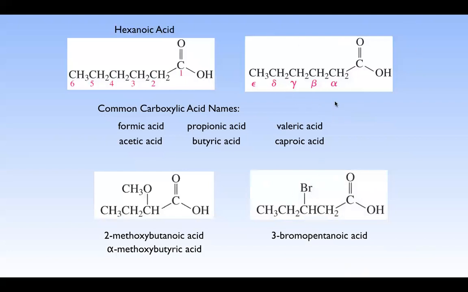You look at where that bromine is, it's on the beta carbon. You go alpha, beta. And pentanoic acid has valeric as its common name. So it's going to be beta-bromo-valeric acid.